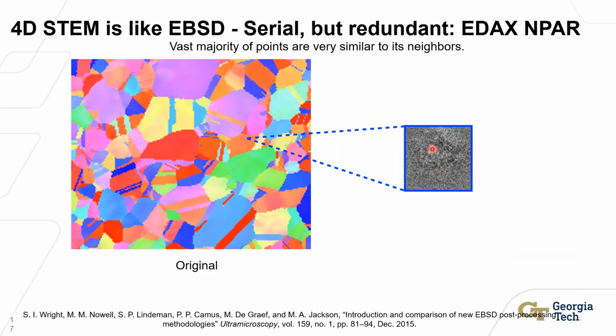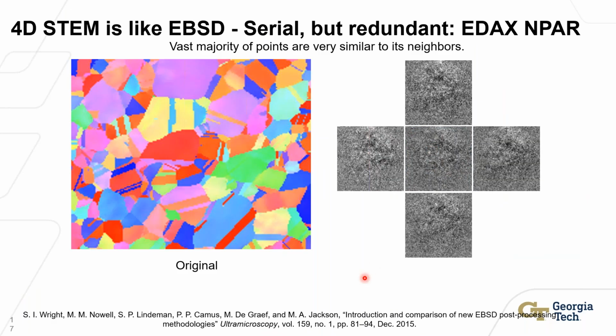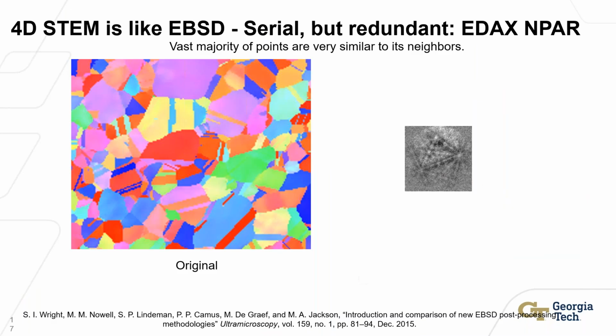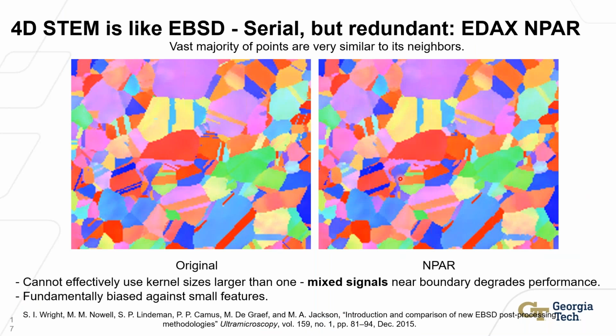Here you see a very low signal EBSD pattern. You look at all the neighboring patterns and you average them together and re-index your new pattern. So now you can actually see your Kikuchi bands clearly. You get more reliable indexing. The problem with this approach is you're just indiscriminately taking the neighboring patterns, so you can actually lose nanoscale features in your material.